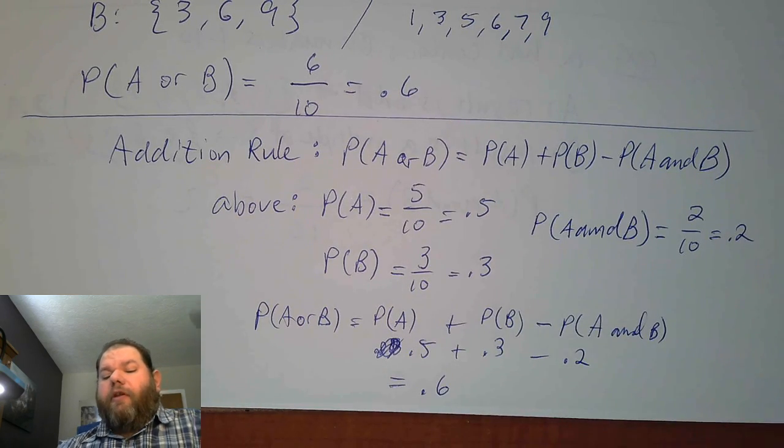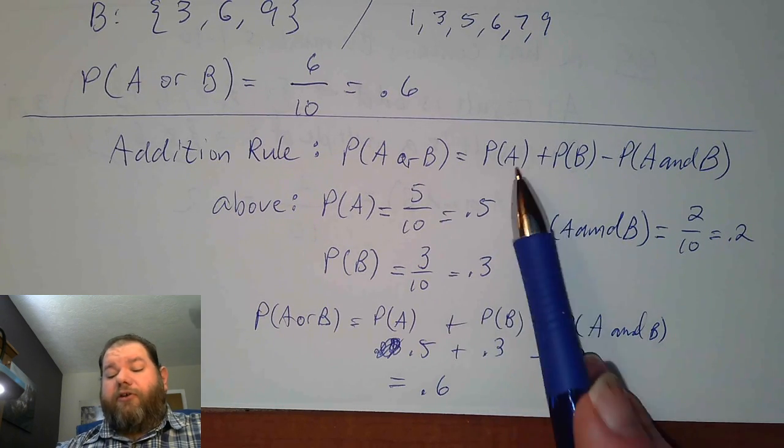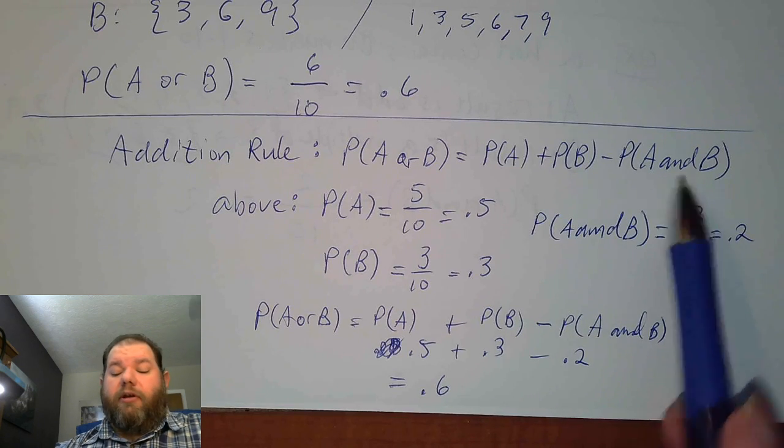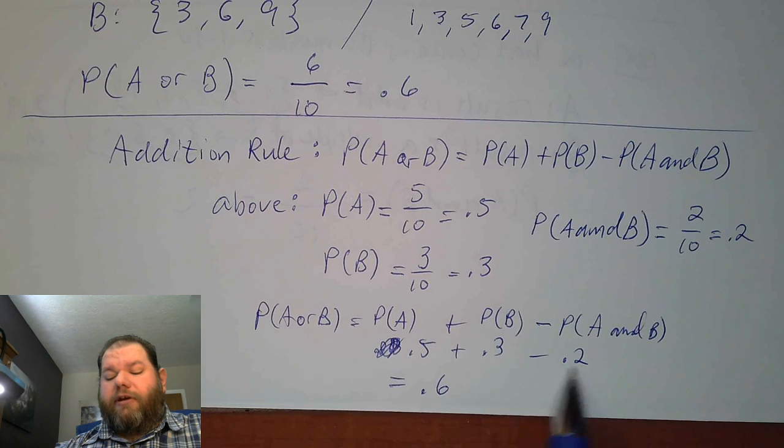So whenever we want the probability of A or B, where we have this union of two events, we can either count it logically if there's a small enough amount of data there, or we can go through and calculate the individual probabilities and combine them together according to our addition rule.